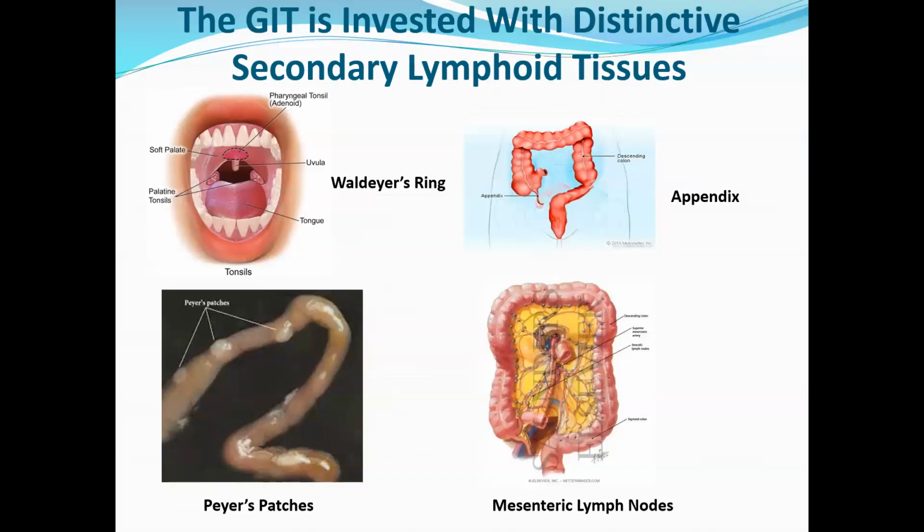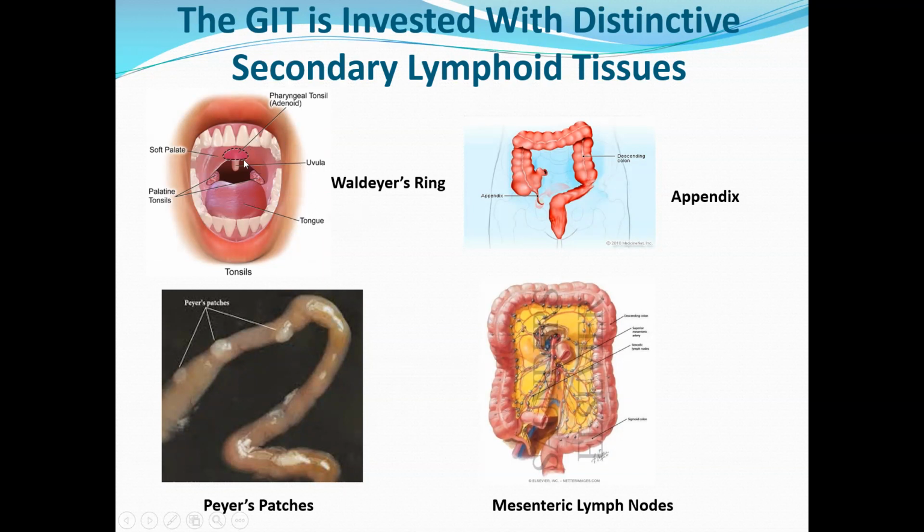So first of all, with regard to the unique immune structures associated with the gut, we first have this system of lymphoid organs lining the oral cavity, what's known as Waldeyer's ring.